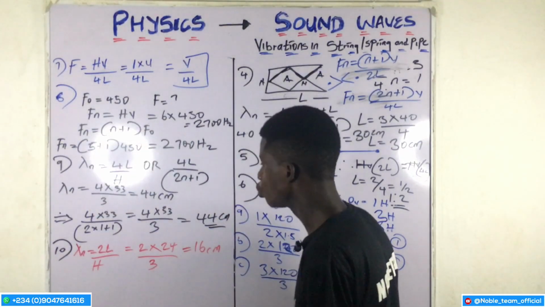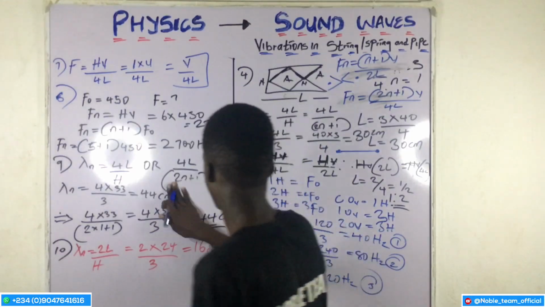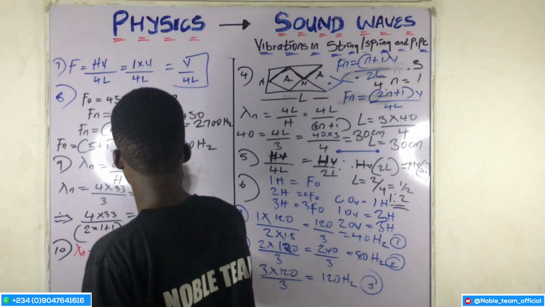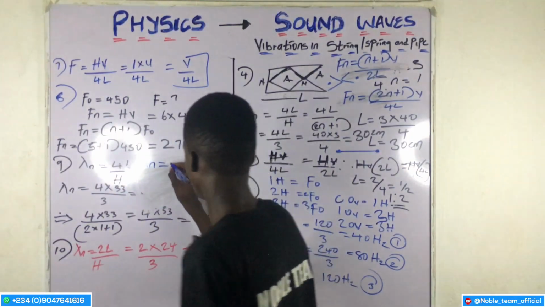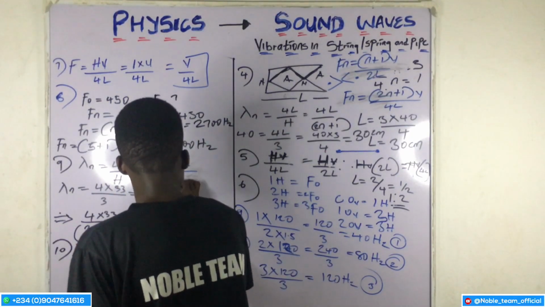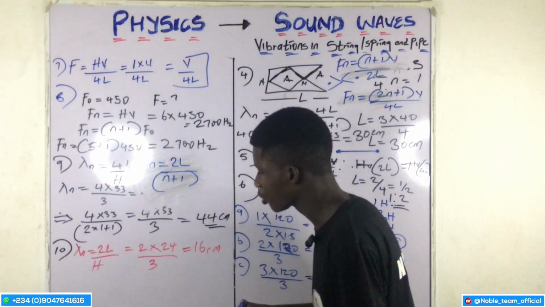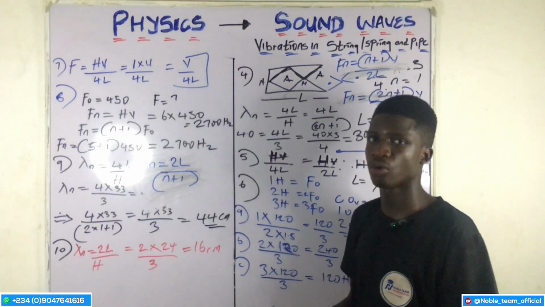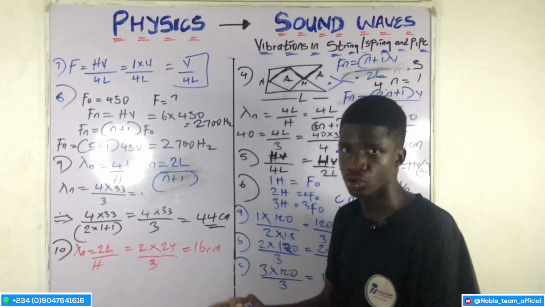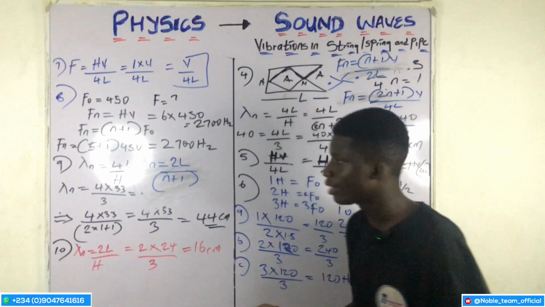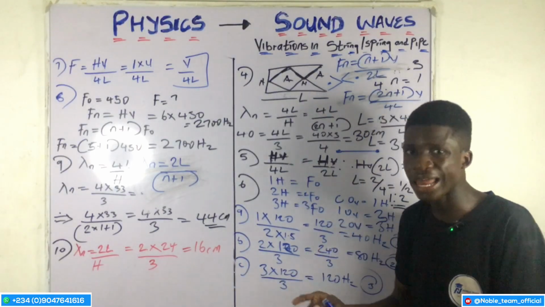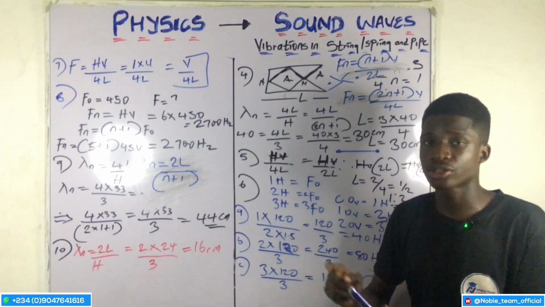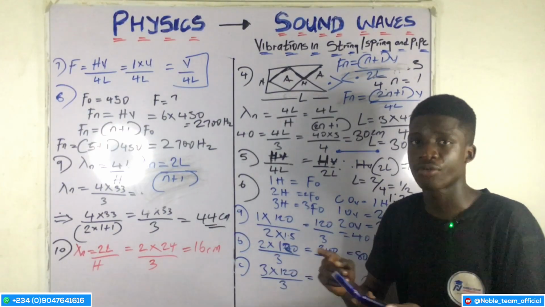Or I can choose to use this other formula, that wavelength is equal to 2L over n plus 1. Now my number of harmonics: overtone 0 is equivalent to 1 harmonic, then overtone 1 is equivalent to 2 harmonics, then overtone 2 is equivalent to 3 harmonics.